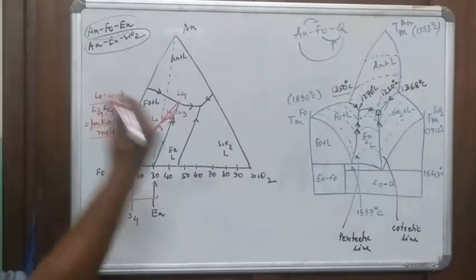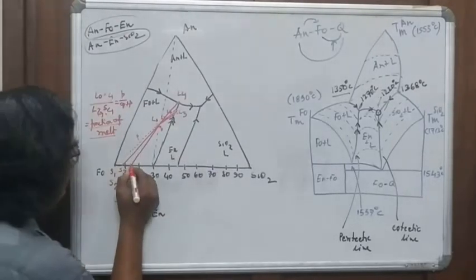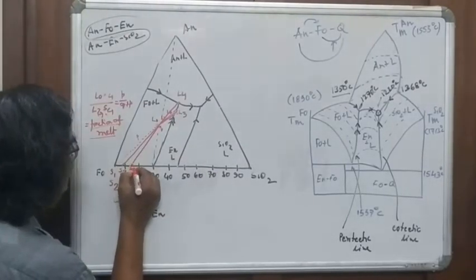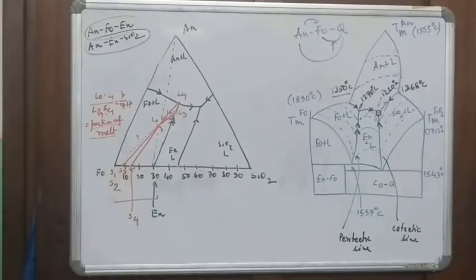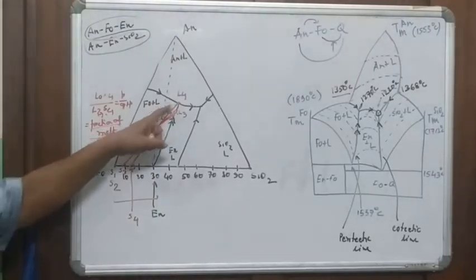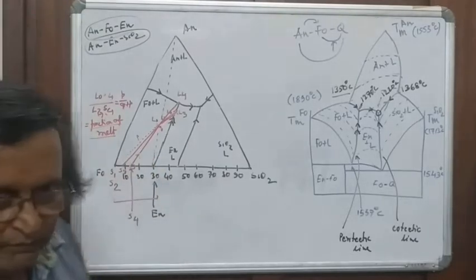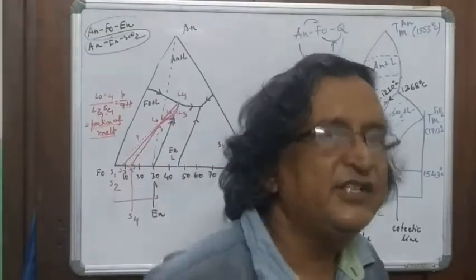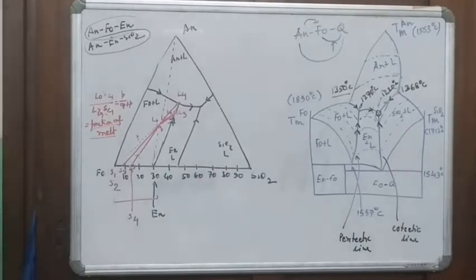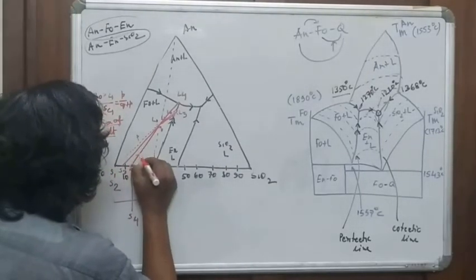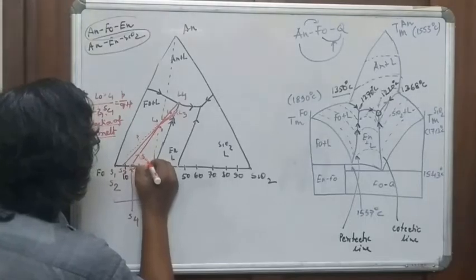So the only way this can be done is this point S4 here, which was in equilibrium with L4, has to move up. Why? Because anorthite has to be produced. Have you understood? So let's say you have S5.